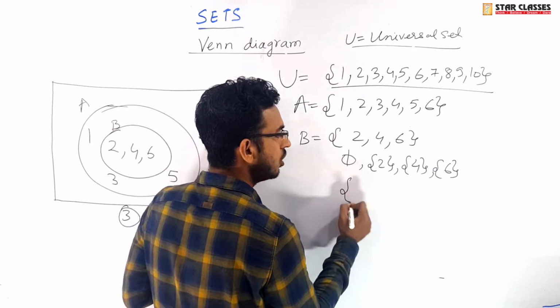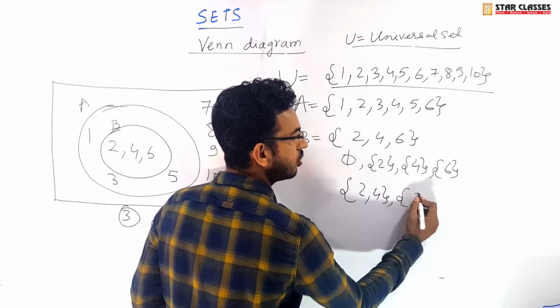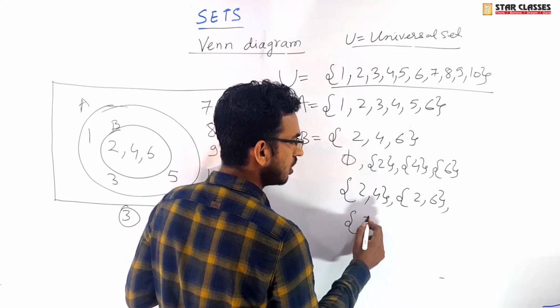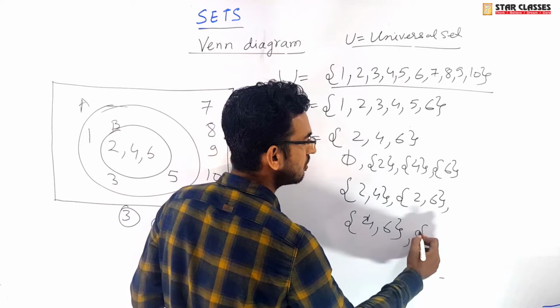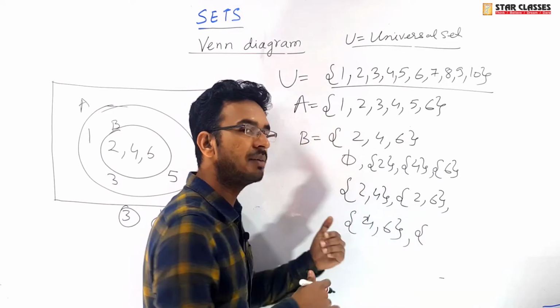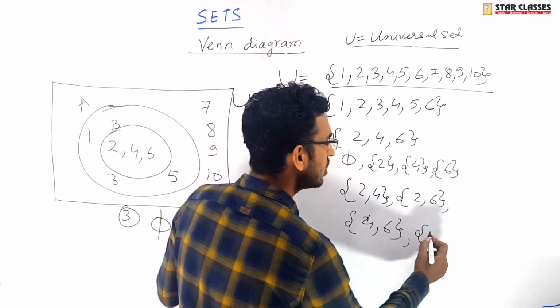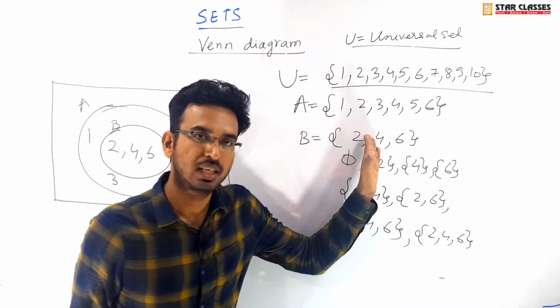I'll say 2 and 4 is also a subset of set B. I'll say 2 and 6 is also a subset of set B. I'll say 4 and 6 is also a subset of set B. And last subset will be, as I've said, every set is a subset of itself. That means 2, 4, 6. That is, set B is itself a subset of set B.